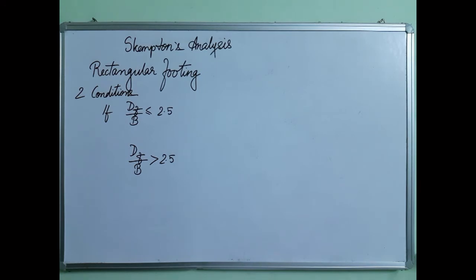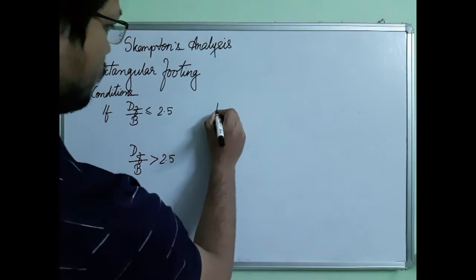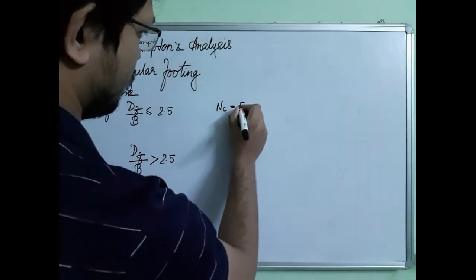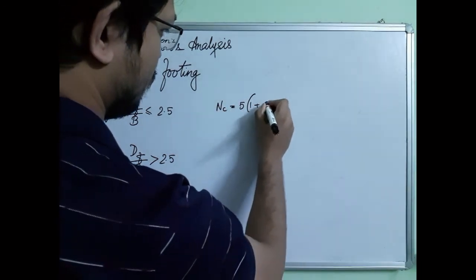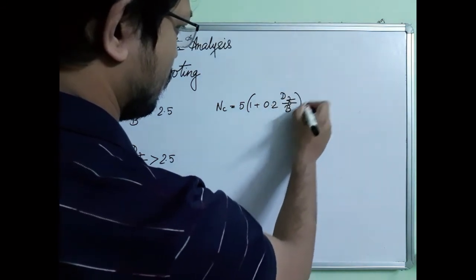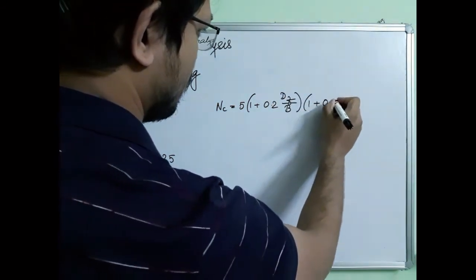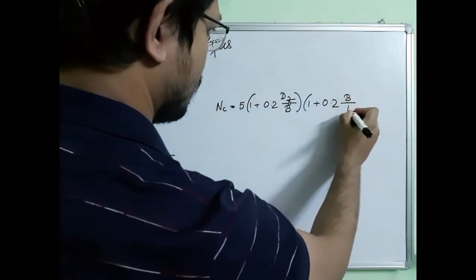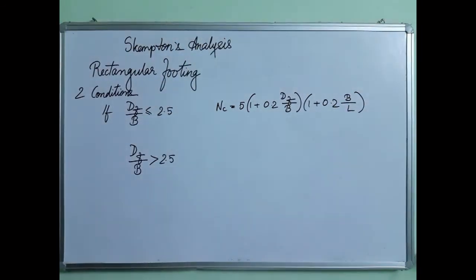For the first condition, the Nc value will be this one, where B and L are the dimensions of the rectangle.